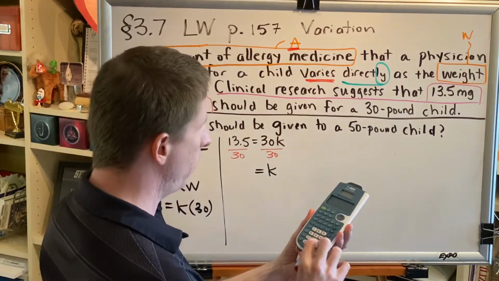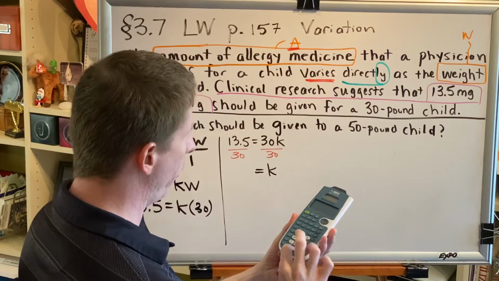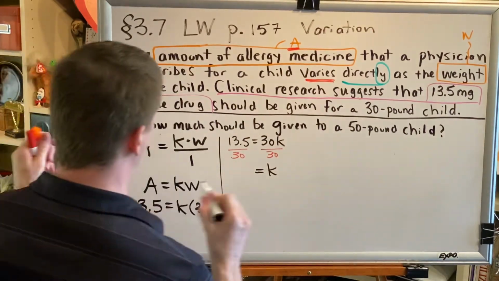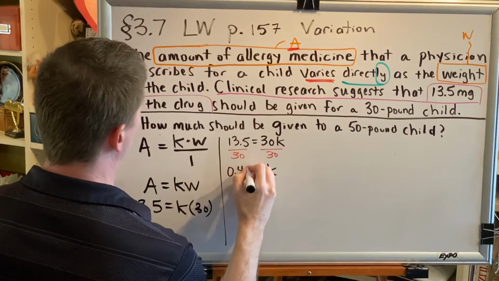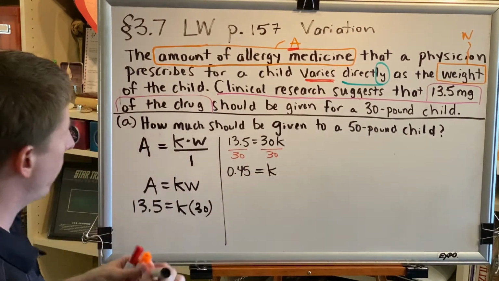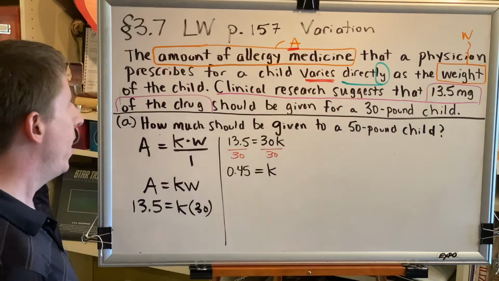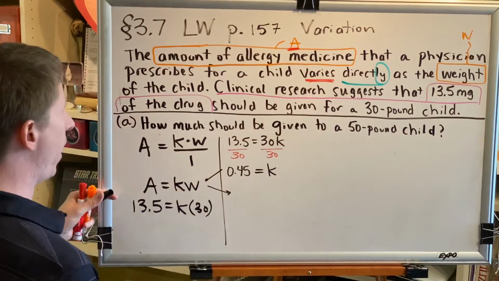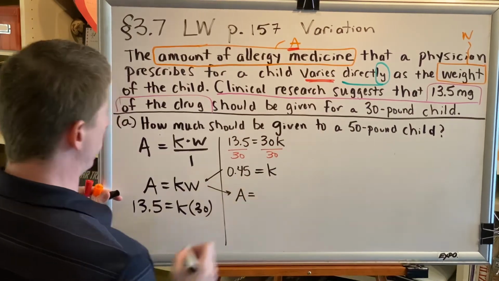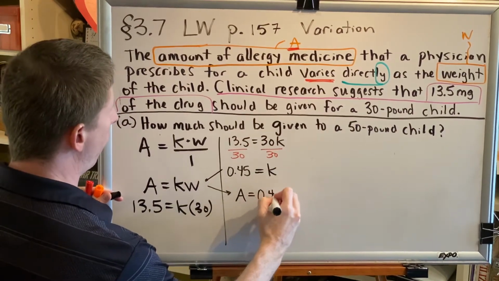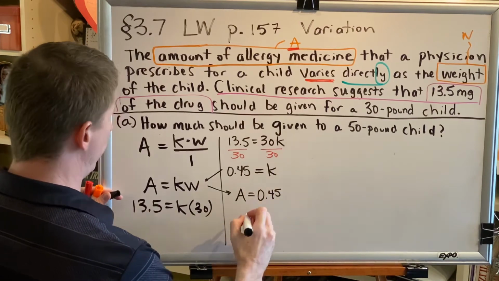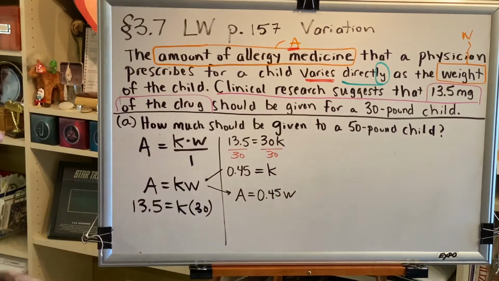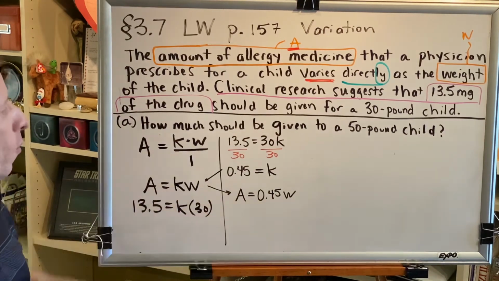Okay, 13.5 divided by 30 equals 0.45. Okay, we have now solved for K, and we can put that into our equation. So now we're going to get A is equal to 0.45W. We're replacing the K with 0.45.